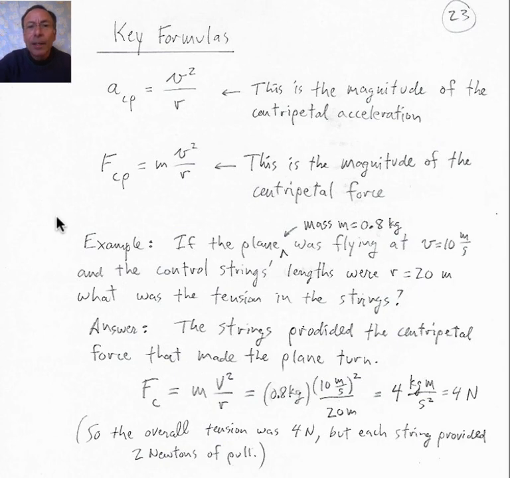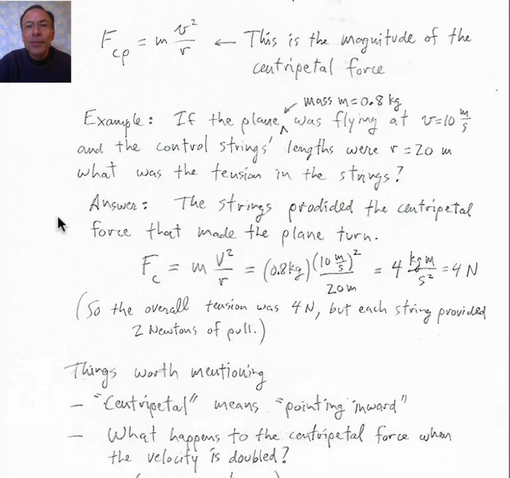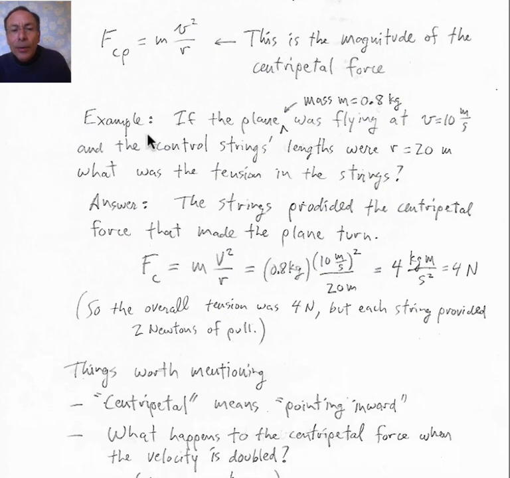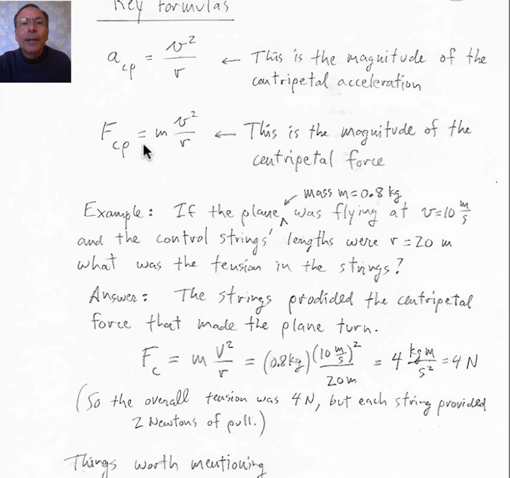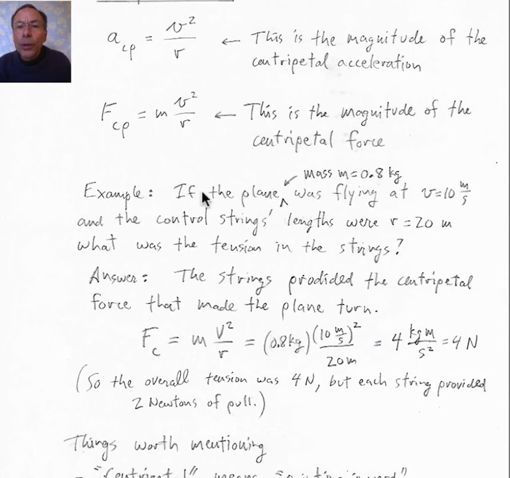So let's have a little example, put some numbers into these formulas. So if the plane were flying at 10 meters per second, and let's say the control string's length were 20 meters, and let's say that the mass of the plane is 800 grams, or 0.8 kilograms. In that case, what's the tension in the strings? In other words, how much is the guy pulling?